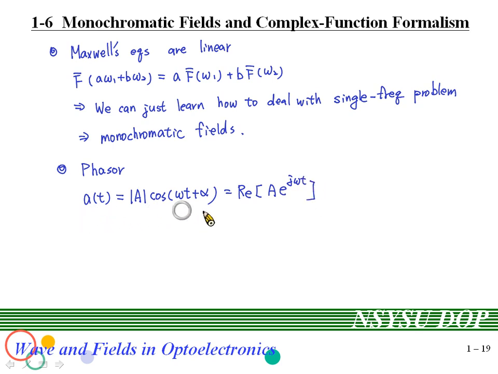Here the A is the so-called phasor, which consists of the information of amplitude and phase.